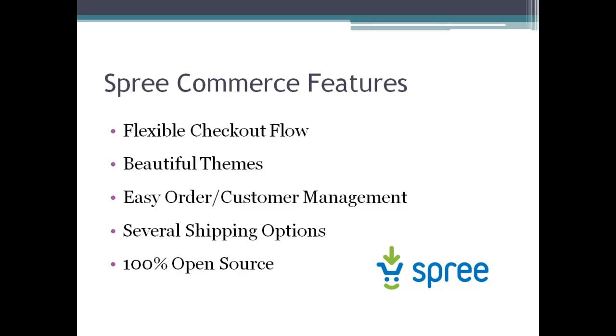I find that there's not too many of them though. There's a lot more for PrestaShop and Magento. The customer management is pretty easy, as well as tracking orders. There's several shipping options. There's over 50 payment plugins, so all the popular ones, PayPal, Authorize.net, there's no problem using any of those, and it's 100% open source.